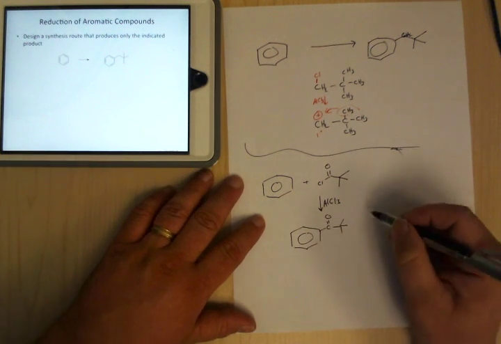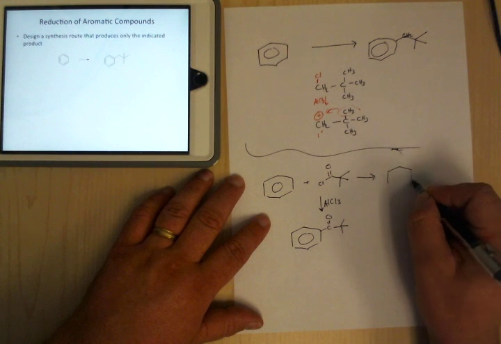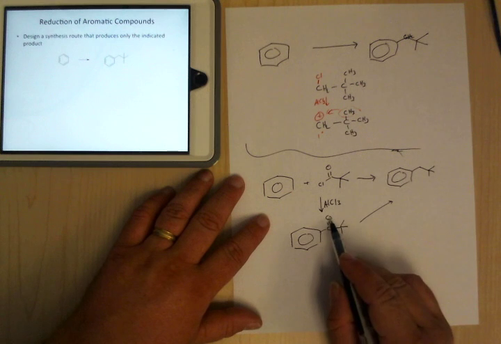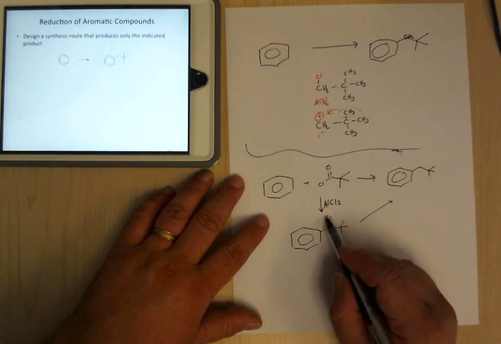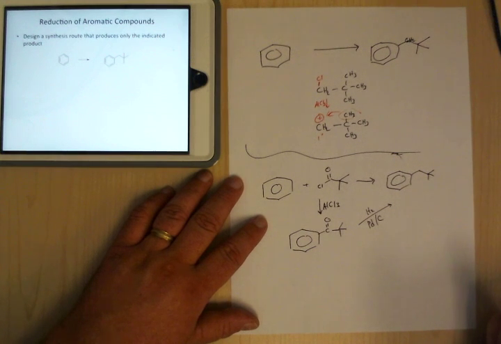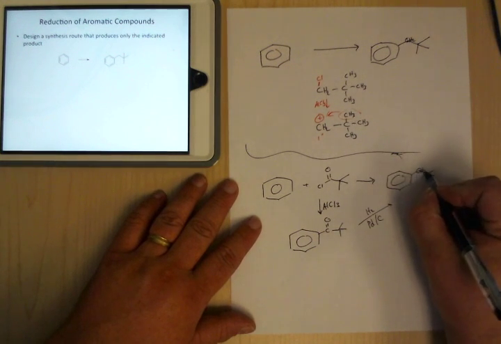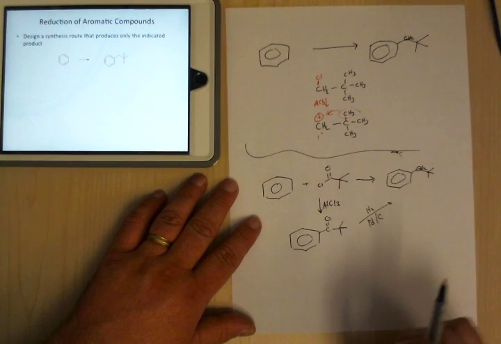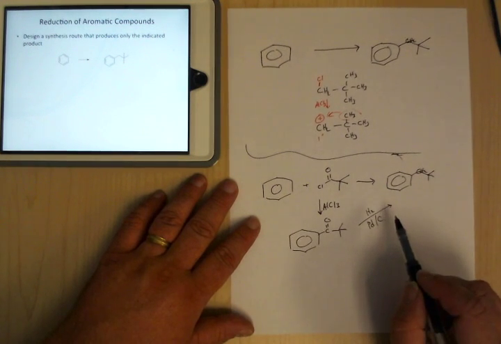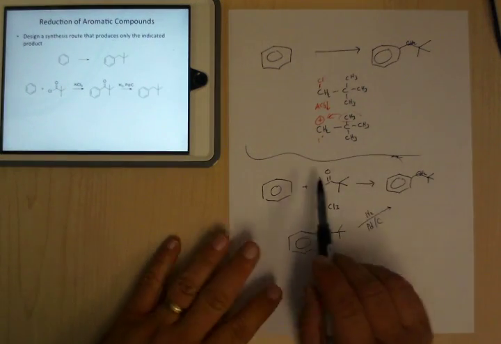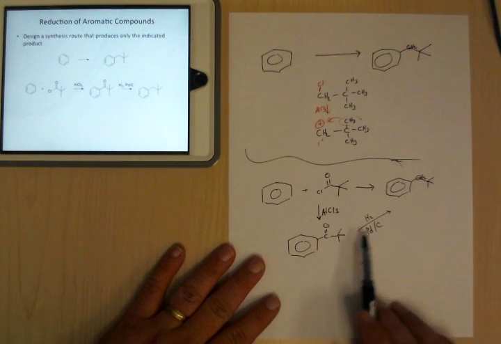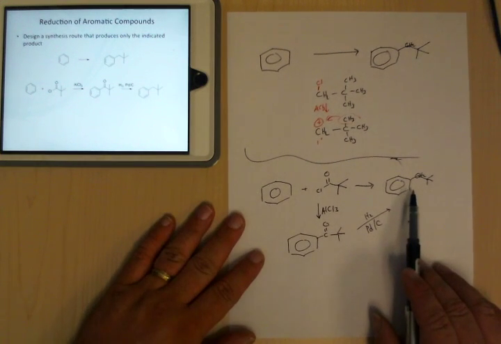Now, to get here, we're going to have to do the hydrogenation, so that this C double bond O becomes that CH2 there. So it ends up going there like that. We can't do it directly through alkylation because we're going to have this moving around, but we can get to it through the acylation.